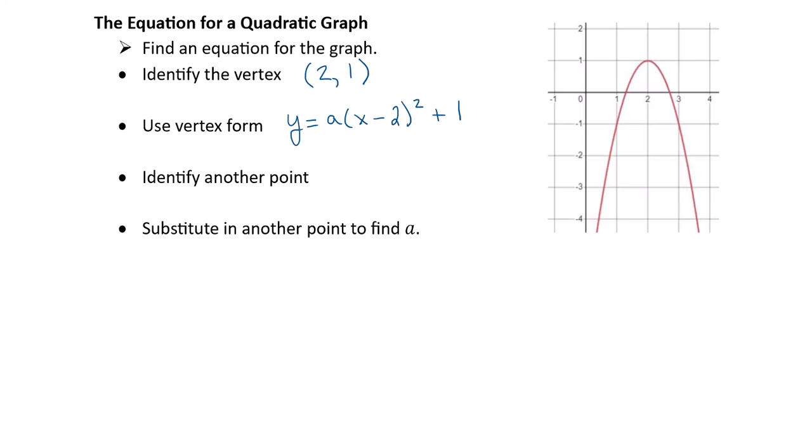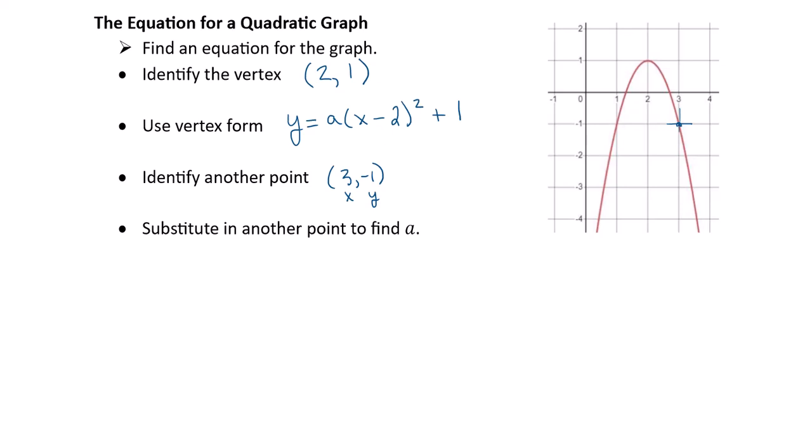Now this is great, except that we don't know what a is. So I'm going to need to solve for that. Let's go ahead and identify another point. Now you want to identify a nice point that's going through some crosshairs, like this one, this point 3, -1. Okay, now this is just an x, y point that happens to be on that quadratic graph.